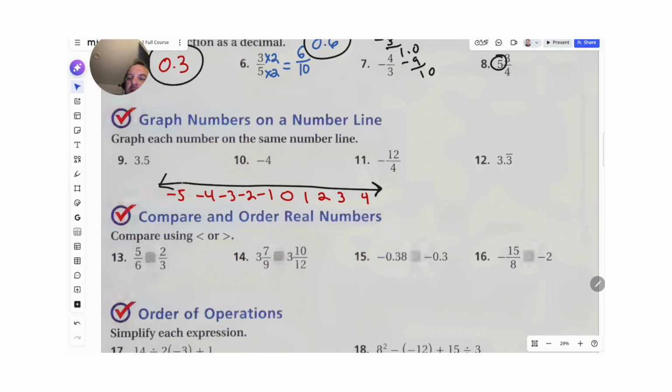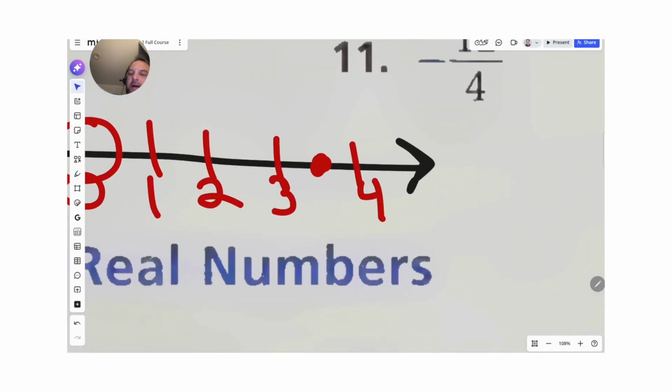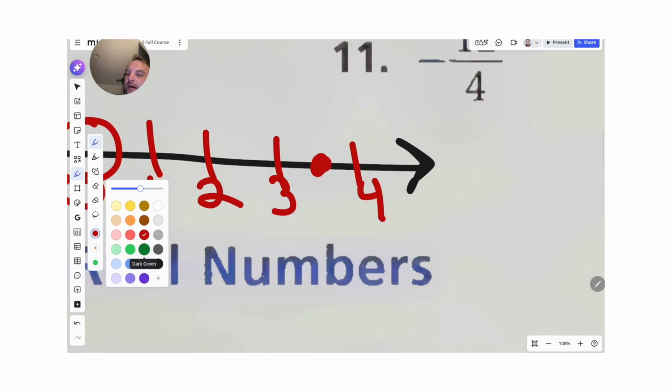And of course, each of those is a tick. Here is our origin. All right, 3.5, that's between 3 and 4. Let's put a dot, and we can label that 3.5.